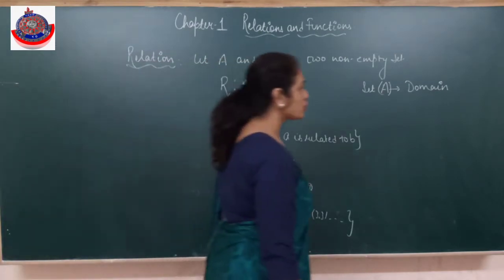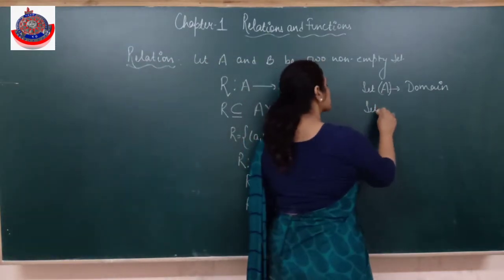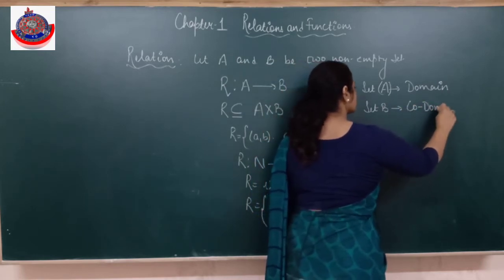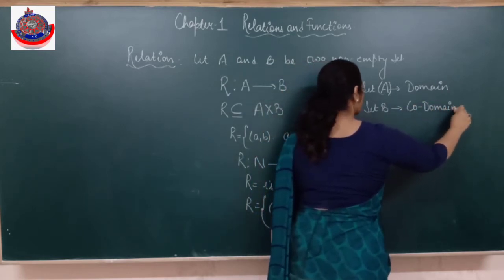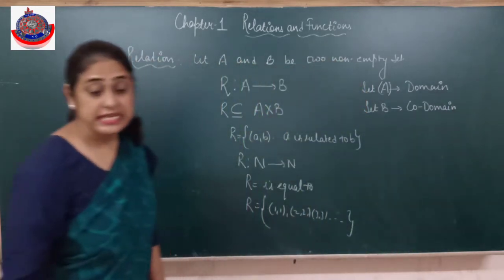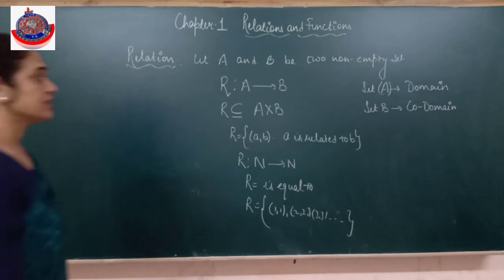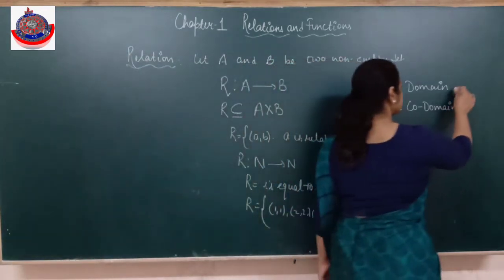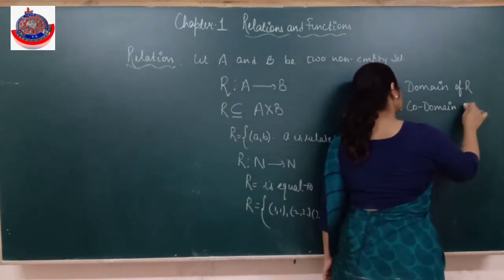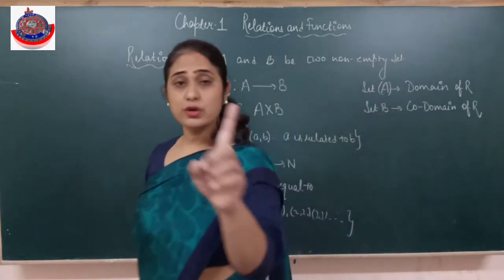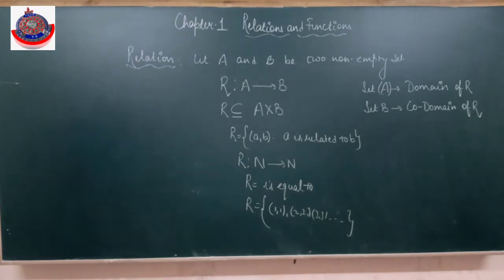Set A is called the domain set and set B is called the codomain. A is called the domain of R, and B is called the codomain of R. You remember one more word was range also, so we'll write domain and range again.